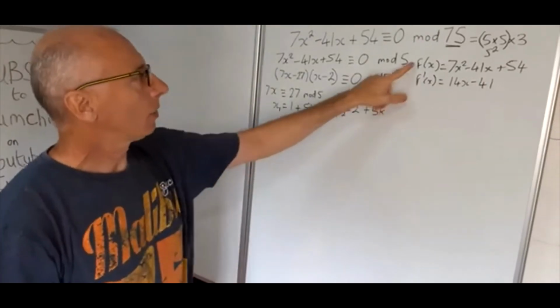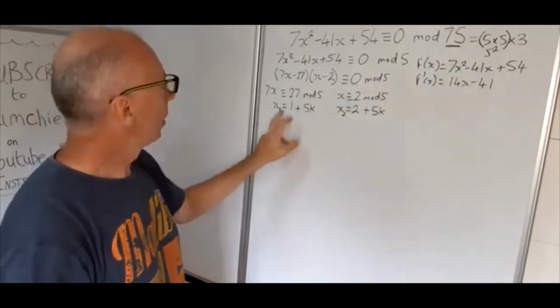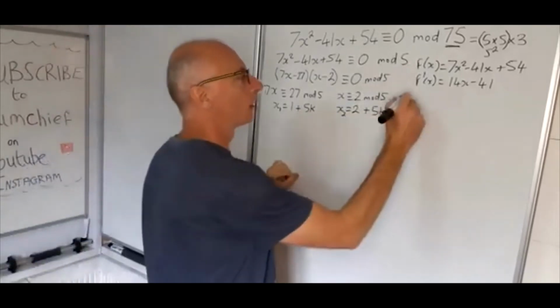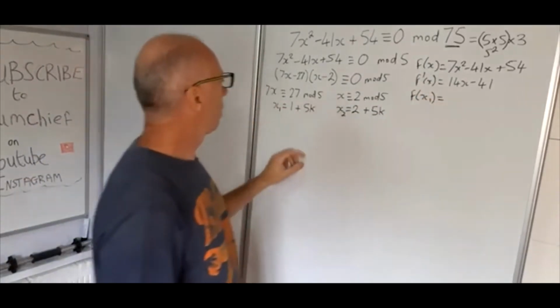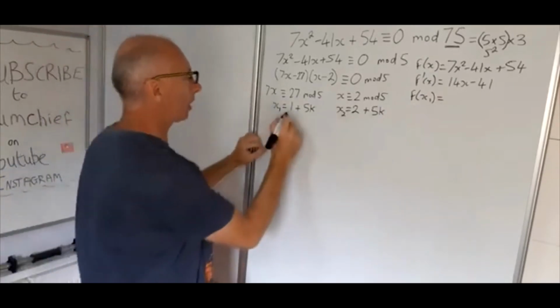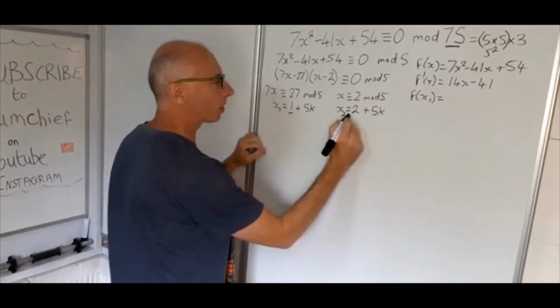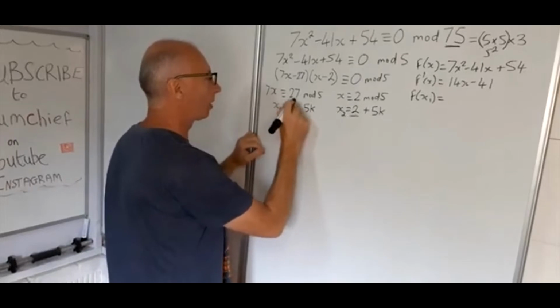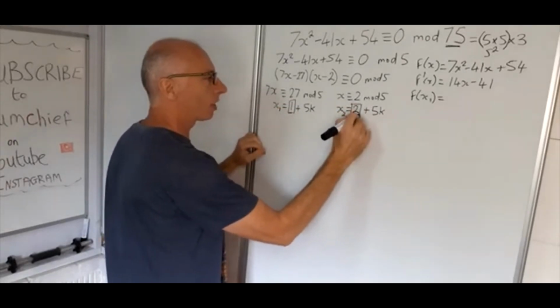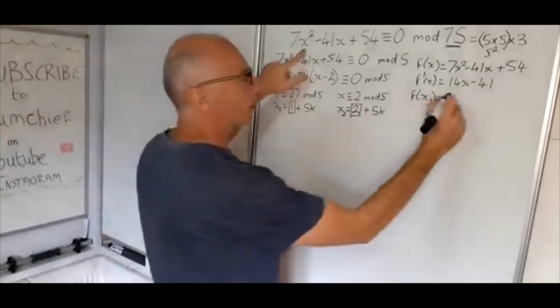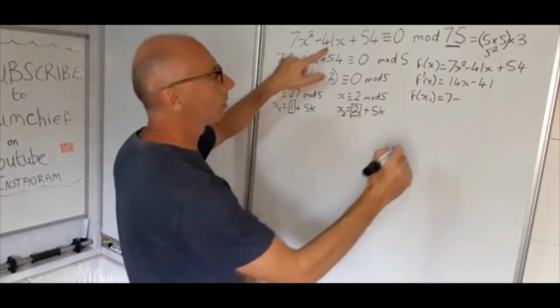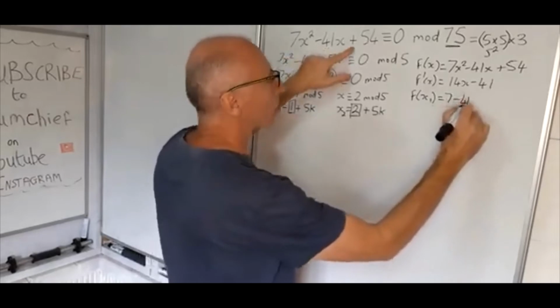Now we evaluate the value of the function and the derivative at each of these points. So f of x1, plugging in this value here, we're not going to worry about the infinite solutions, and same with this one. Plugging 1 in, we get 7 minus 41 plus 54.